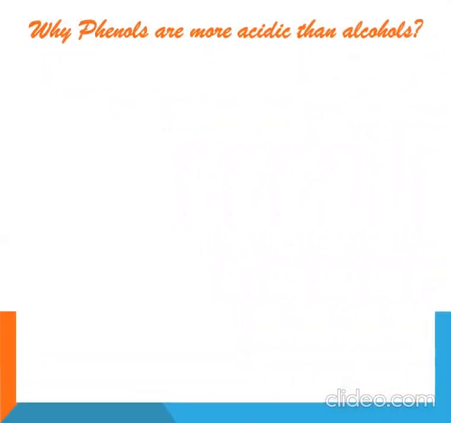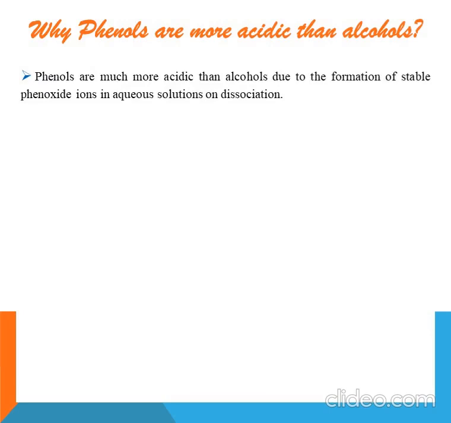So here comes one question that is very common. Why are phenols more acidic than alcohols? Can any one of you answer before I show you the answer? Okay, let's see the answer. Phenols are much more acidic than alcohols due to the formation of stable phenoxide ions in aqueous solution on dissociation.